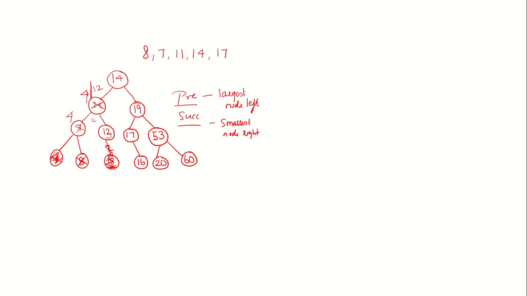Suppose they ask you to delete a node from an AVL tree. Then for every deletion, you have to check the balance factor of the tree. Okay, so let's take the same example and let's see how to delete from the AVL tree. Okay, so here you have 11, here you have 19, here you have 7, here you have 12.